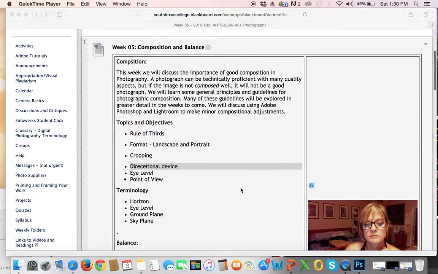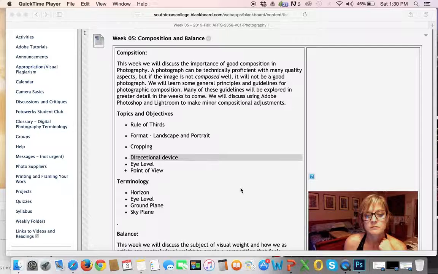So, what I wanted to do this week is, this whole time we've really been focusing on your camera, and I know that some of the exercises that you've had to do have been a little bit tedious or difficult, and I hope you understand why now after doing them. Hopefully you're a lot more comfortable with your camera.